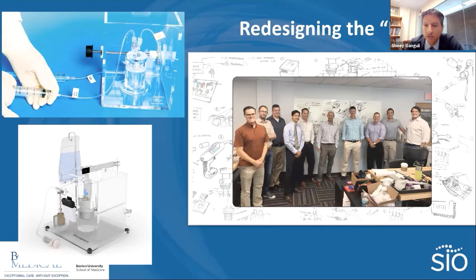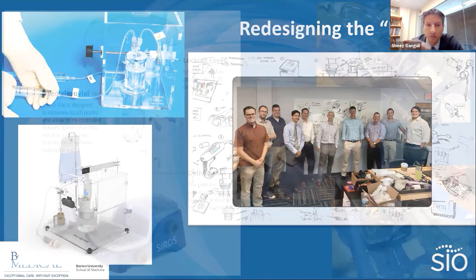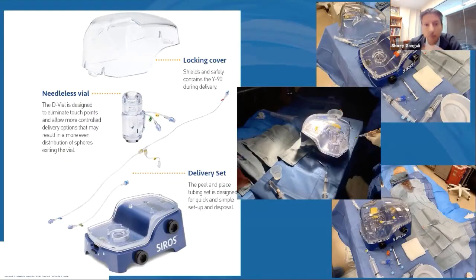And that was just recently rolled out. And it's the SIO system. Now you have this needleless vial, which is drawn up and secured, so you don't have needles anymore. So where there were possibilities of leak, you don't have that anymore. And it's really very easy to set up now with just luer locks, and then there's actually the way they designed it.